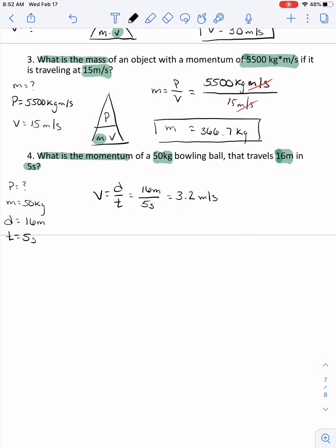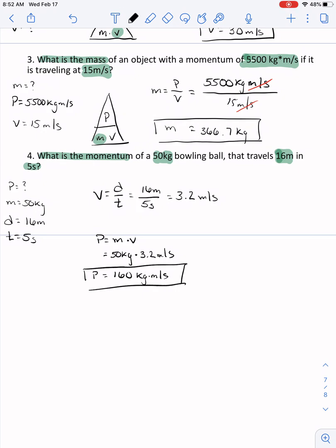And now that I have a speed and a mass, I can plug in 50 kilograms times 3.2 meters per second. And I get the answer of 160 kilogram meters per second.